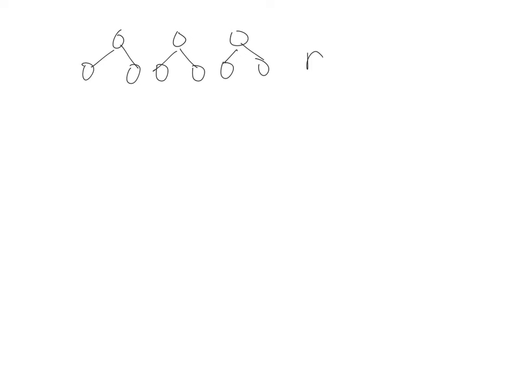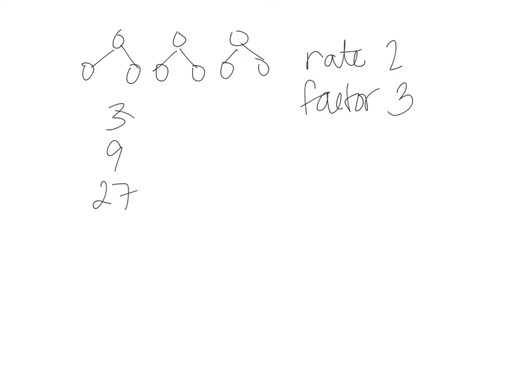So the rate is how many each zombie is infecting each day. So that's 2. The factor is what we multiplied by. So it's 3. We started with 3, we ended up with 9, then 27. So this times 3 is our factor. And again, you can get that from 1 plus r is equal to your factor.